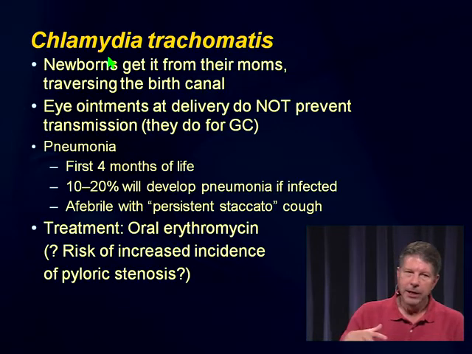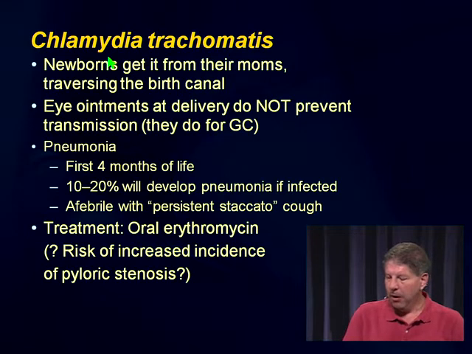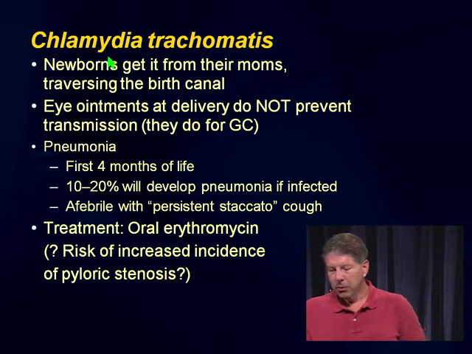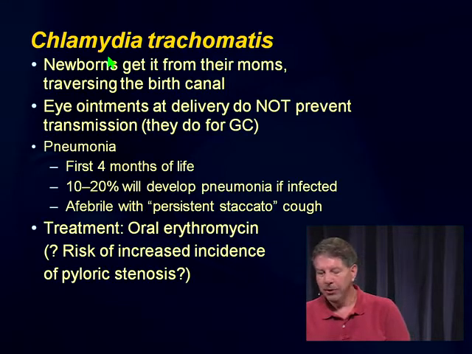First they get the chlamydia conjunctivitis, or they get colonized with chlamydia, and if they are, then 10 to 20% of them will develop pneumonia if they are infected. So pretty high attack rate for pneumonia. They're usually afebrile. That's a clue on the test. So you've got a 3-month-old baby who's afebrile with pneumonia and a staccato cough.